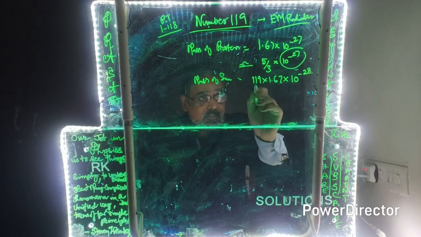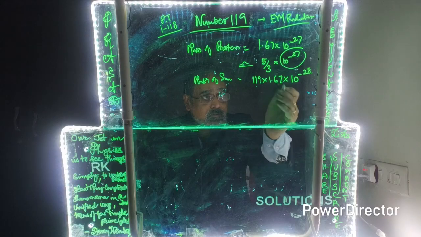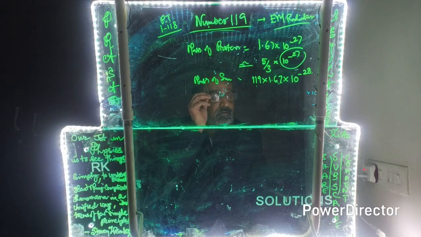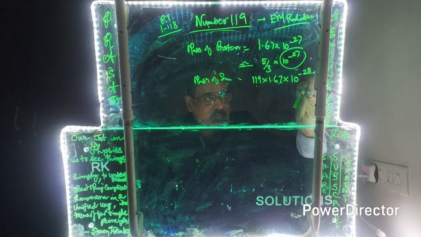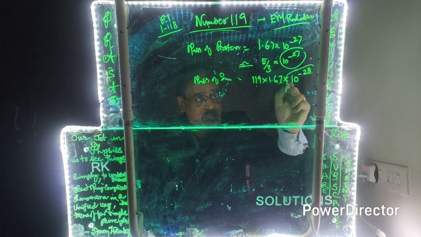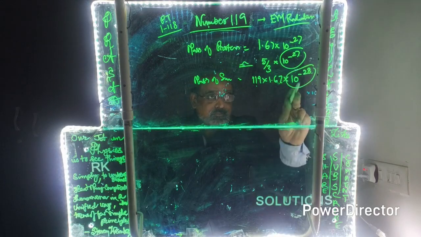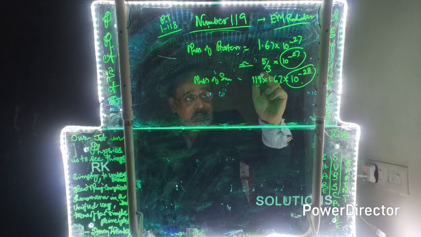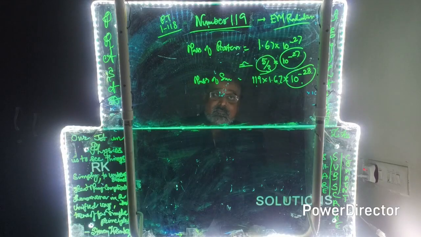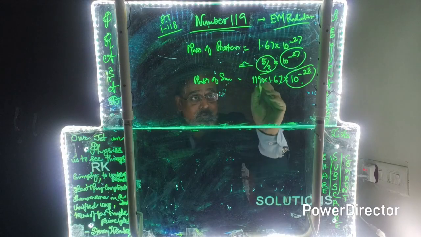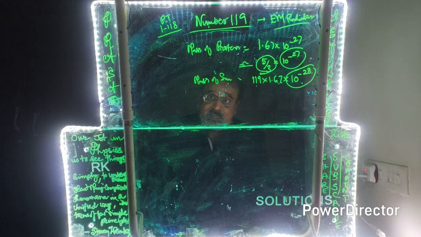Or rather, if you take one more, let us think about this, but let us not bother about this part. This is basically 5 by 3. My mass of proton is approximately equal to 5 by 3.